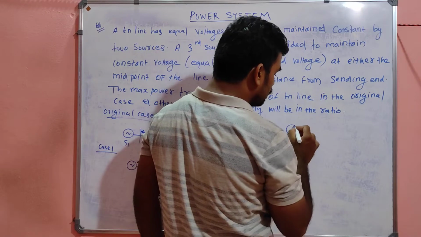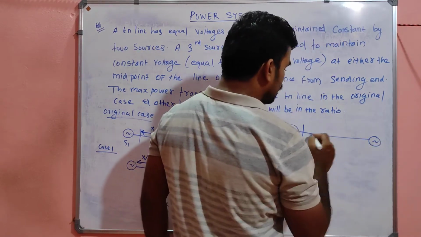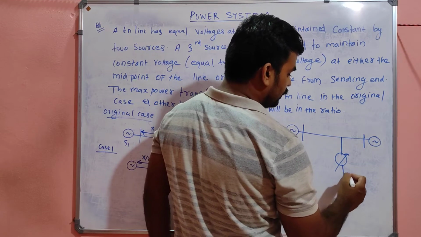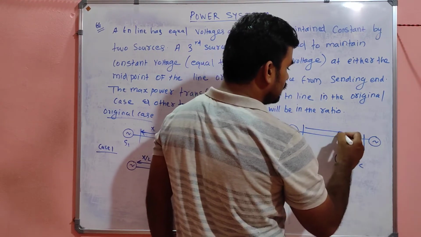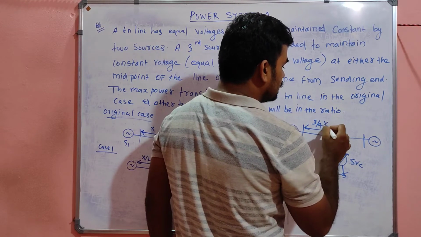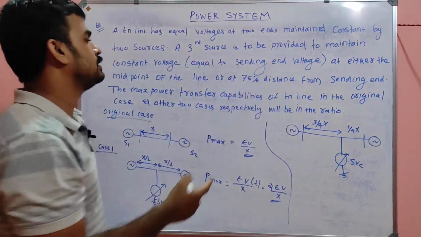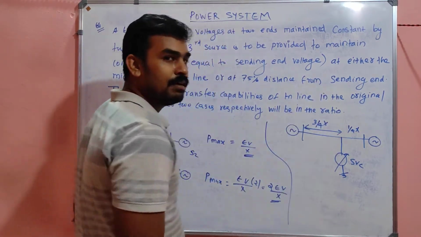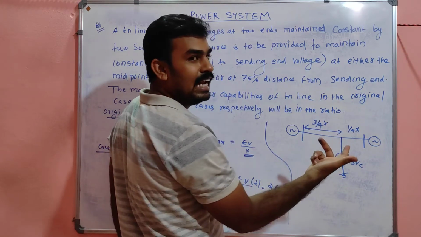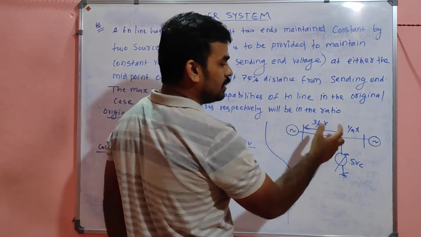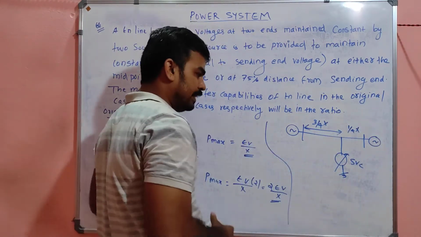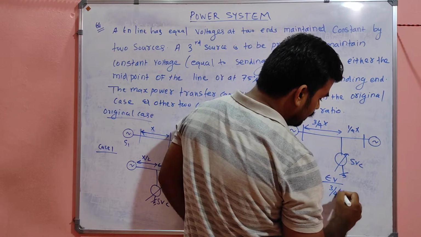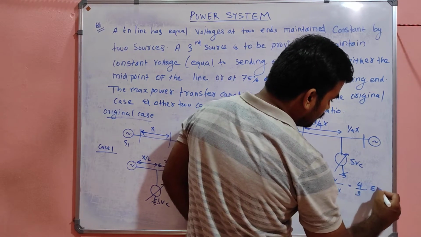So there is another possibility: we can place our SVC here also, at 3 by 4 of the line. 75% distance from the sending end means 3 by 4 of the length, so 3 by 4 into X, and the other part will be 1 by 4 into X. Now P max will be EV divided by 3 by 4 into X, or I can write 4 by 3 into EV by X.